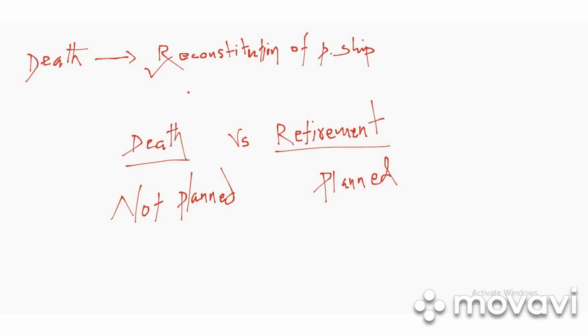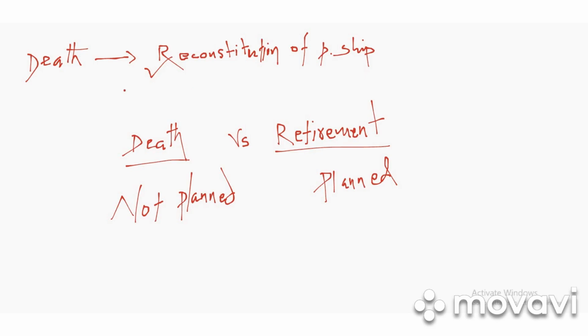So we have seen retirement. In the case of retirement, one partner is going away and his total entitlements will be given to him by the other partners. So in the case of death also, it is more or less the same.